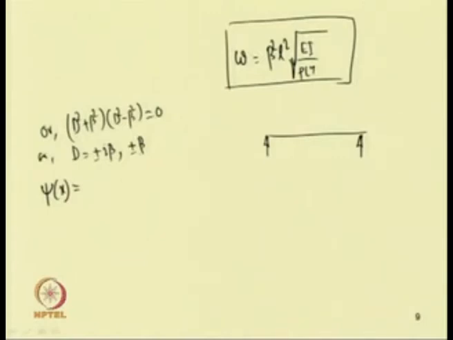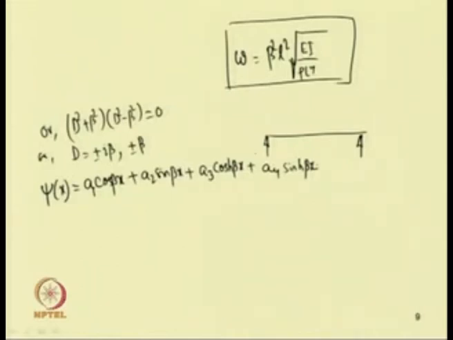So one can write the solution: psi x will be equal to A1 cos beta x plus A2 sin beta x plus A3 cosh beta x plus A4 sinh beta x. So this is the general solution, and one can find the specific solution for different boundary conditions.